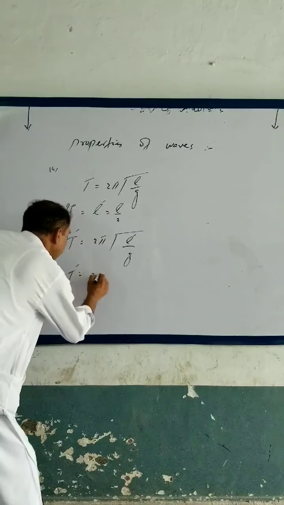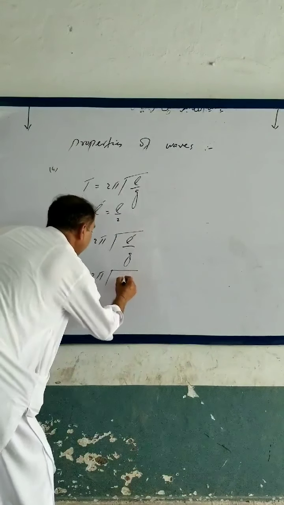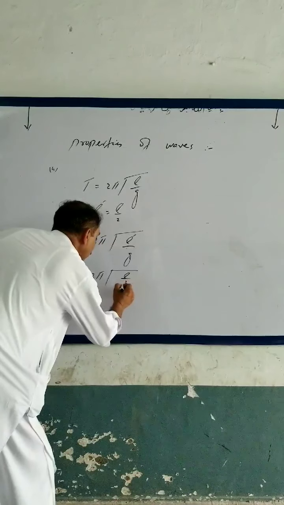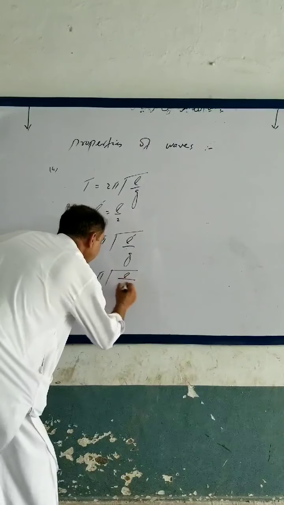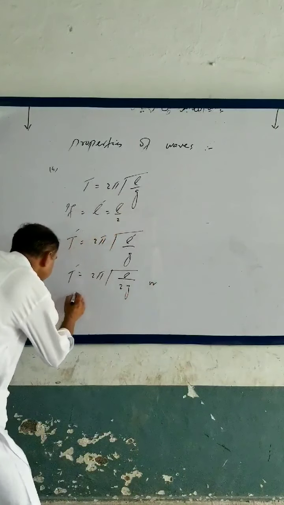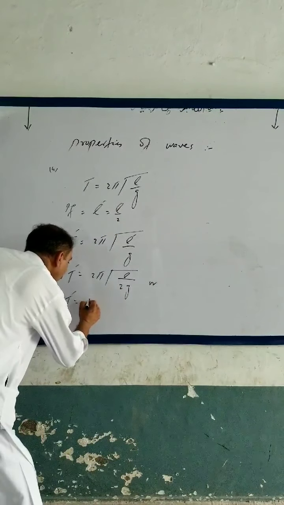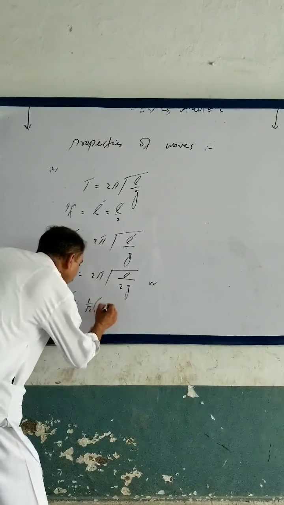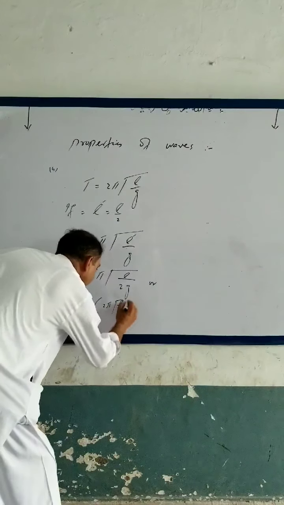T dash is equal to 2 pi under root L by 2g, or T dash is equal to 1 over under root 2 times 2 pi under root L by g.